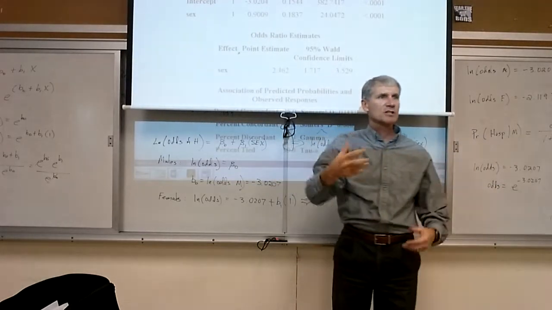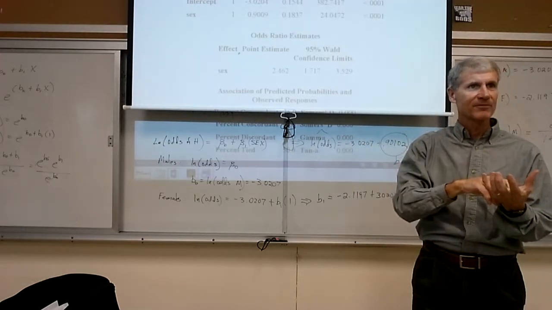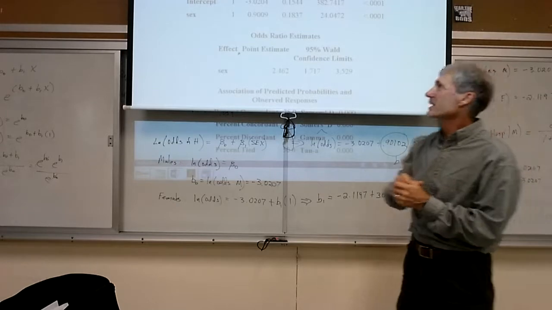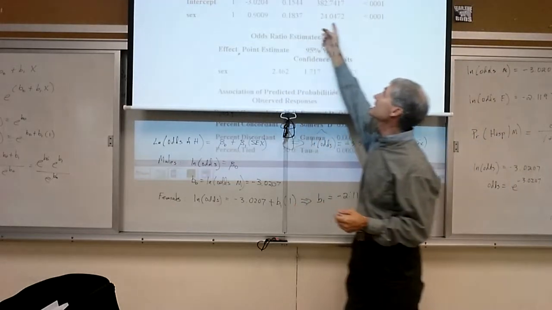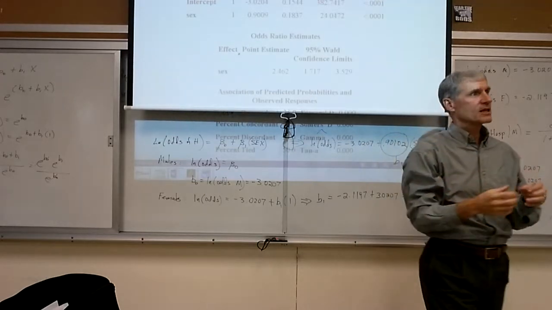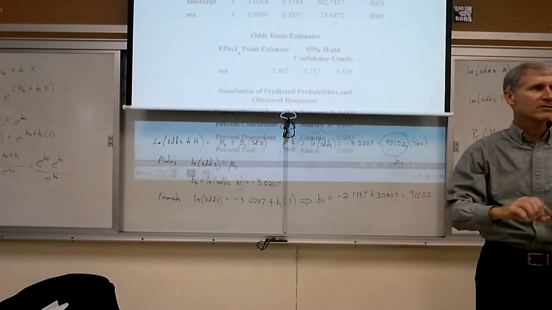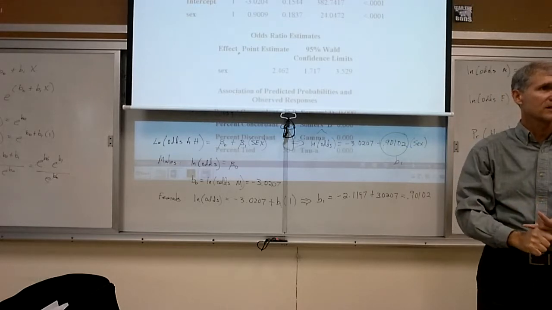There'd be no increase in your log odds when you go from a male to a female. But the fact that it isn't 0 and it's statistically different than 0 tells us that there is a difference in the probability of being hospitalized for females than there is for males. They are statistically different.